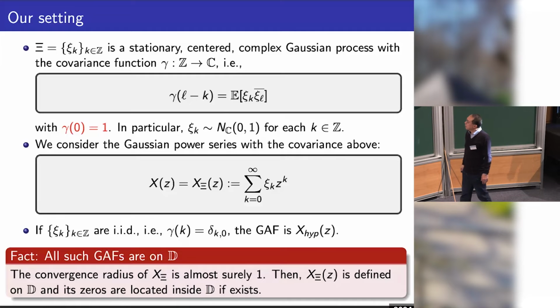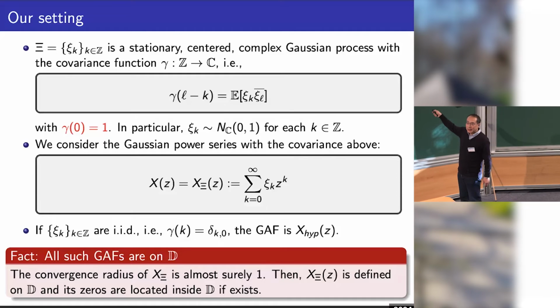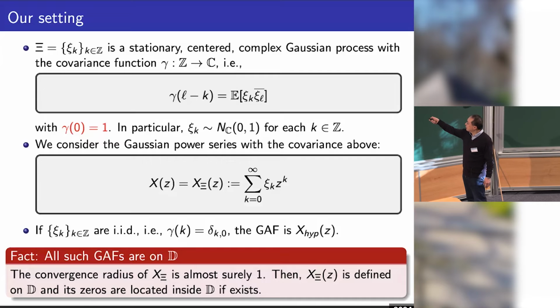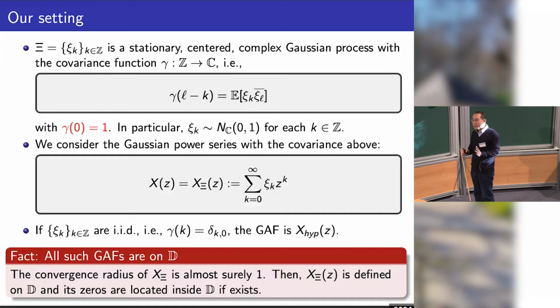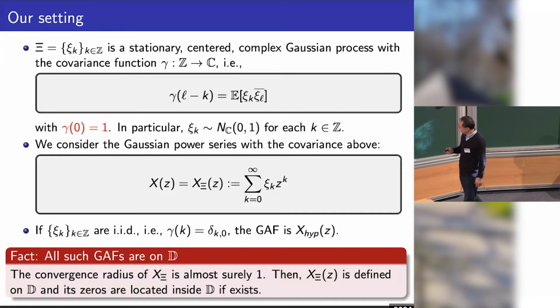The important remark is that for all this kind of graph, the convergence radius of this function is almost surely 1. So the point process we are considering is inside the disk.